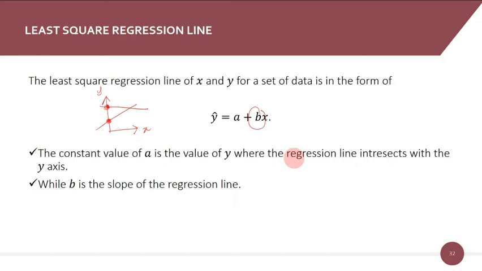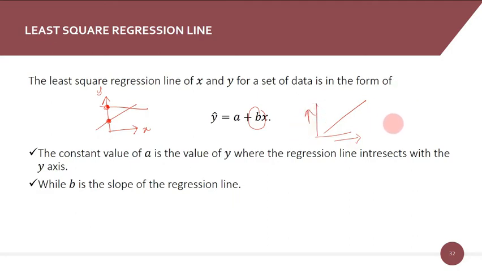A regression line with a positive slope indicates that there is a direct relationship between x and y. In other words, as x increases, y also increases.